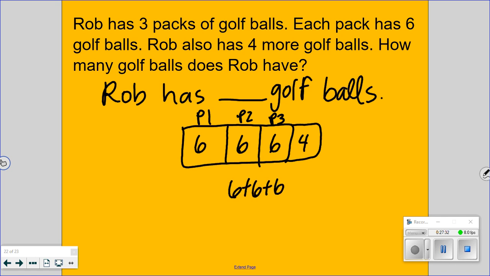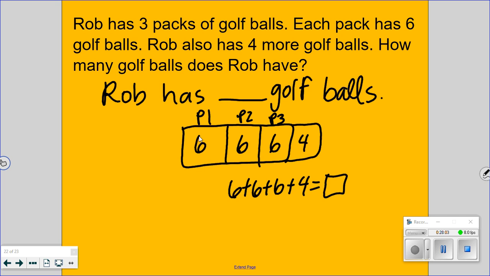That'll work. And equals, nope, I want to do all of it in one step. Plus 4. Beautiful. So in order to add up how many golf balls he had, we did 6 plus 6 plus 6 plus 4.